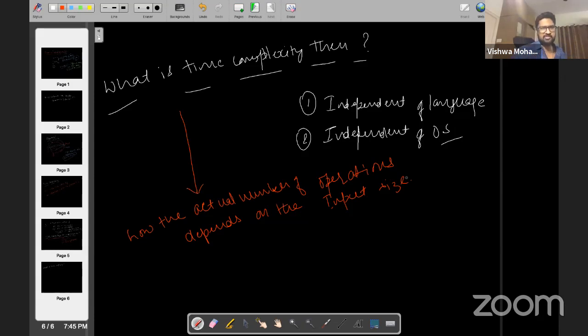If the number of operations that I'm doing is independent of the input size, I say that the time complexity is constant. If the number of operations that I'm doing inside my piece of code is proportional to the input size, I say that the time complexity is linear, right?